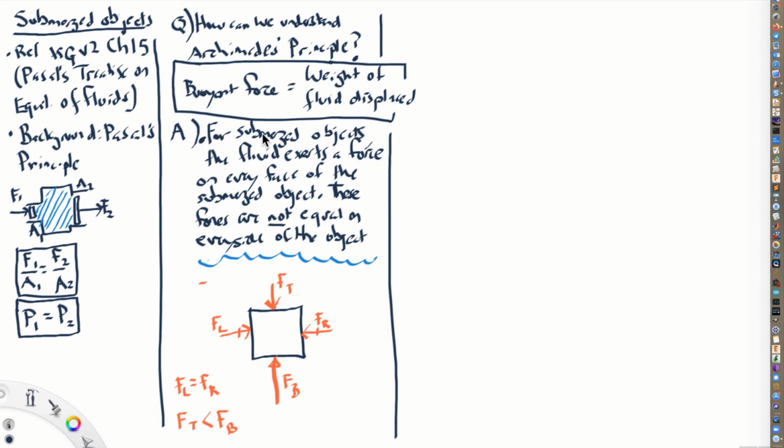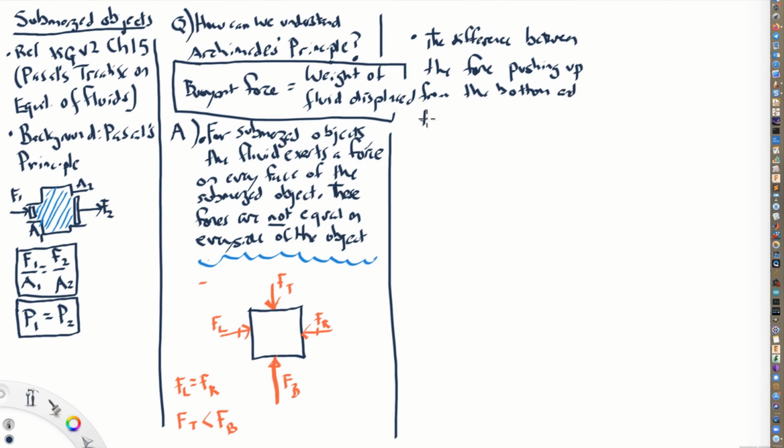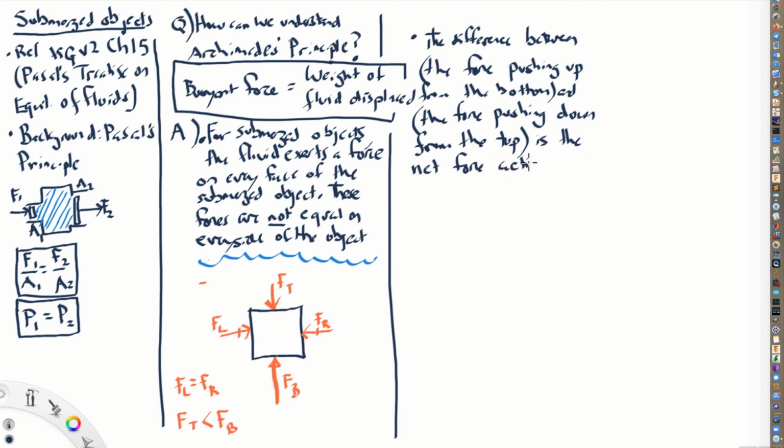So first we recognize that there's forces acting on every face, and now it's important to recognize that the difference between the force pushing up from the bottom and the force pushing down from the top is the net force, or the total force, acting on the submerged object due to the fluid.